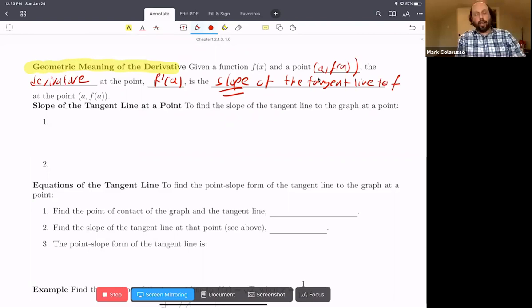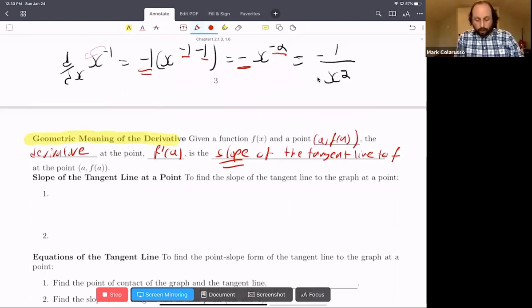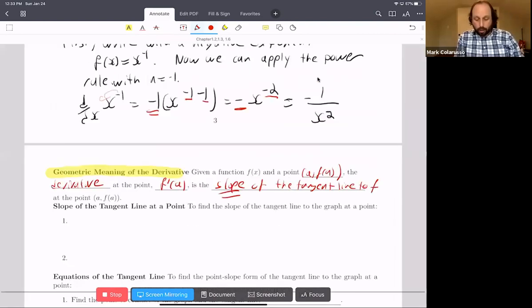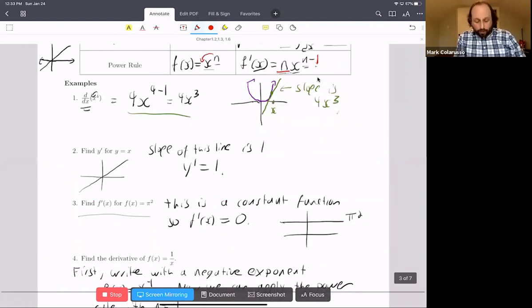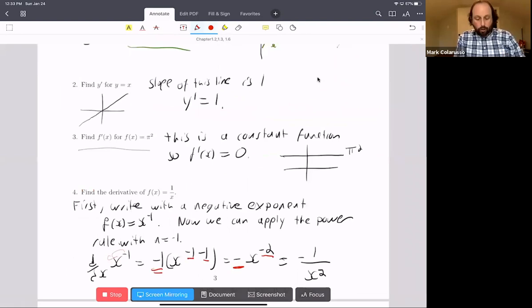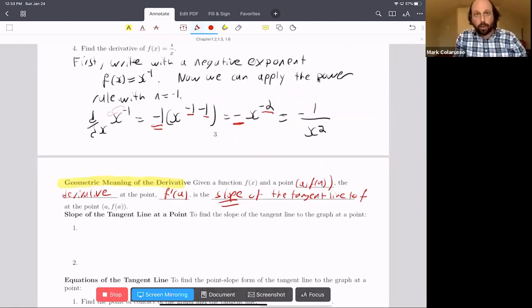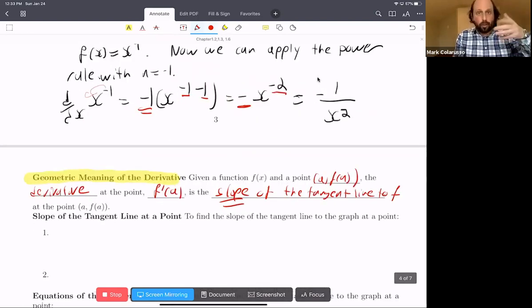That's what I was saying as we went along, in the example with x to the fourth. This function is like a function of slopes. The value of this derivative function at a, f prime of a, is the slope of the tangent line at that point. It's computing the slope for every point on the function.